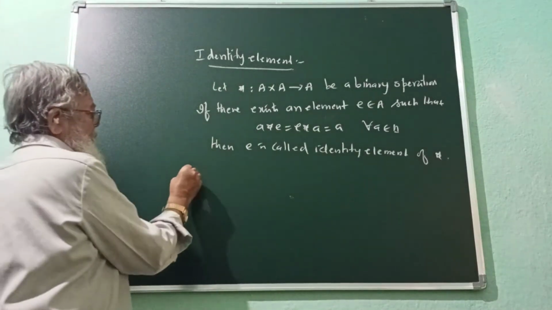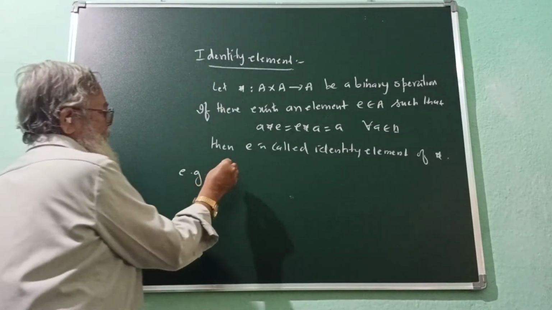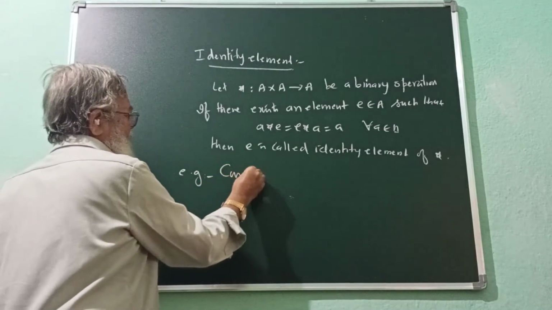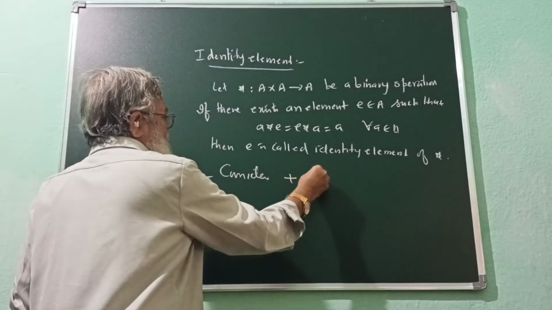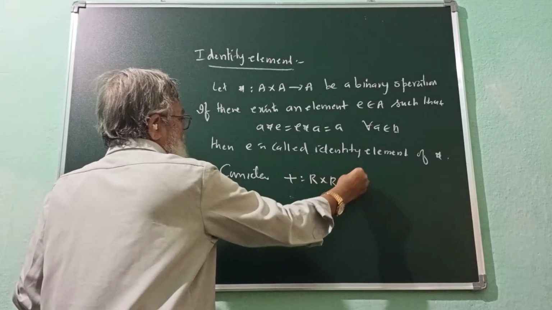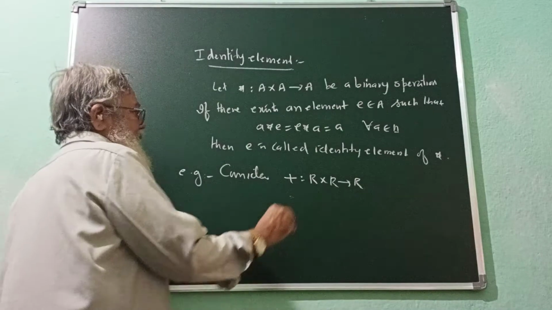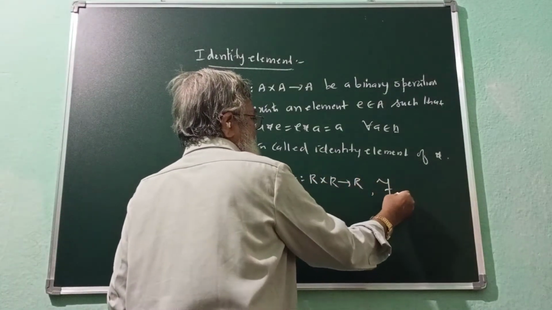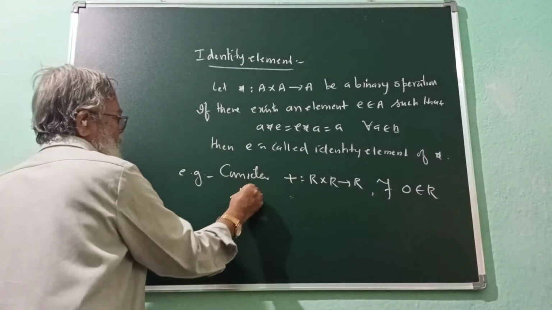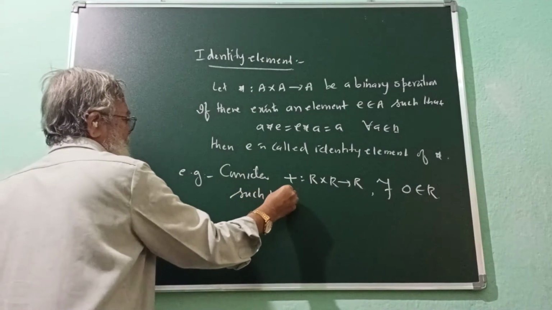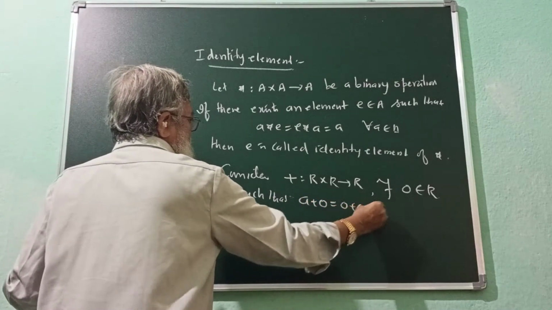Now let us give an example. Consider plus on the set of real numbers, R cross R to R. We observe that there exists 0 belonging to R such that a plus 0 or 0 plus a is equal to a.